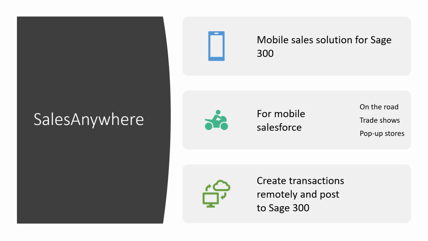They can create transactions remotely and post them to Sage 300 online, in real time. So they do not need to wait until they are back in the office and then enter those transactions into the ERP system.